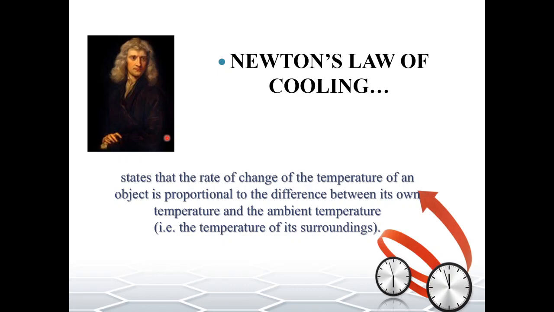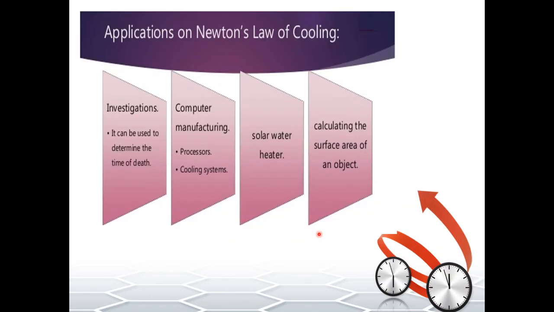When a person is dead, if you have to calculate how many hours before the person expired, from the present temperature and the room temperature or his body temperature, I can easily calculate. That is Newton's law of cooling, which is in the form of a differential equation. This law states that the rate of change of temperature of an object is proportional to the difference between its own temperature and the temperature of the surroundings.